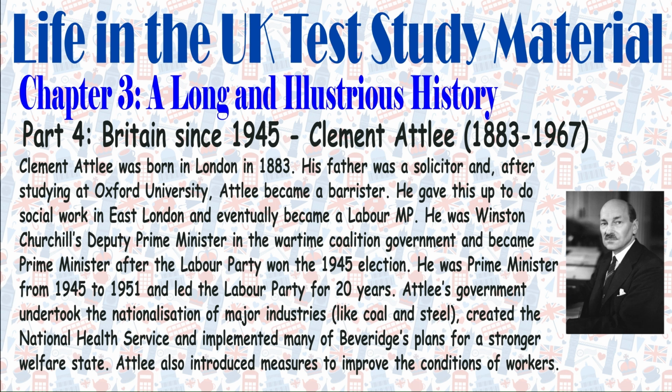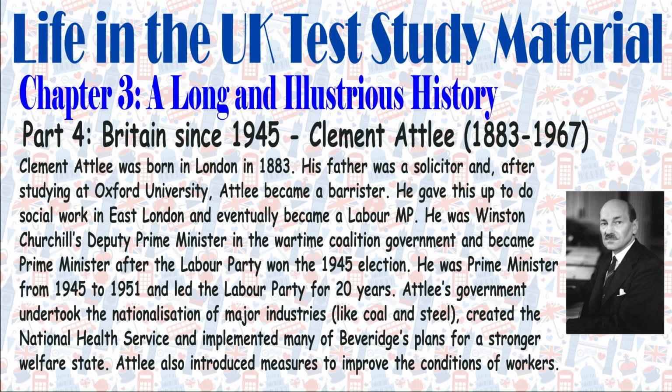Clement Attlee. Clement Attlee was born in London in 1883. His father was a solicitor and, after studying at Oxford University, Attlee became a barrister. He gave this up to do social work in East London and eventually became a Labour MP. He was Winston Churchill's deputy prime minister in the wartime coalition government and became prime minister after the Labour Party won the 1945 election.